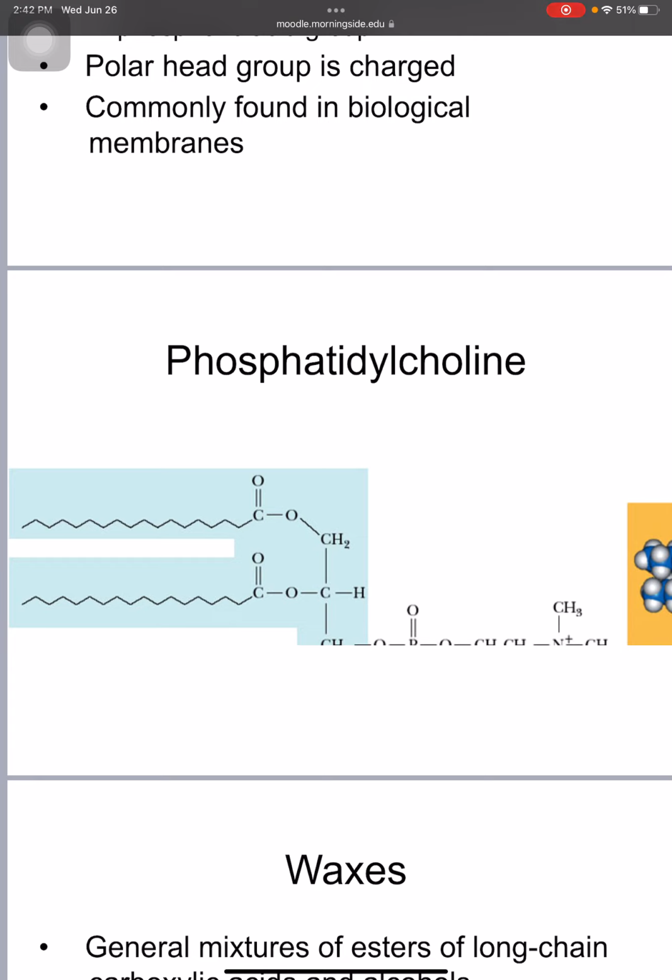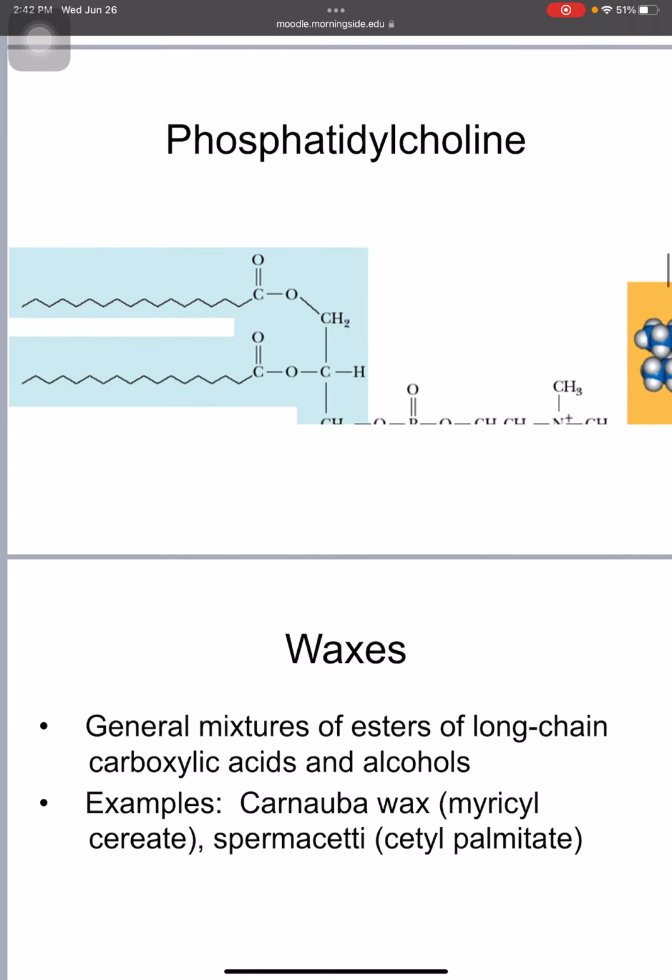So the unique part of this one is not the fatty acid esters, but the group that's on the very end of the phosphate, right? You see the OCH2CH2 positive end with three methyls. That tail is called choline. And when choline is bound to that phosphate group, that's called phosphatidylcholine.